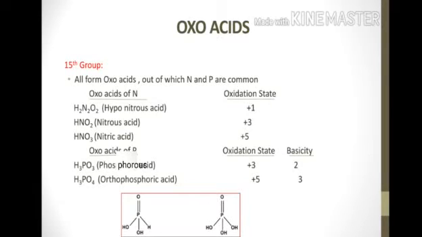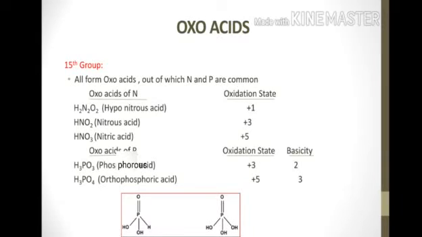Phosphorus acid is a strong acid. Here we can see that there are 3 hydrogen atoms present, but only 2 hydrogens are ionizable. Hence it is a dibasic acid. Once more, the basicity of phosphorus acid is 2.